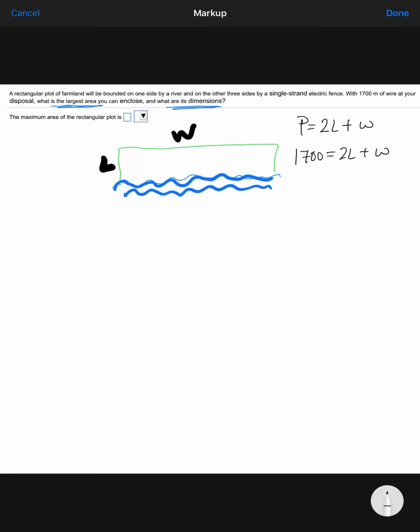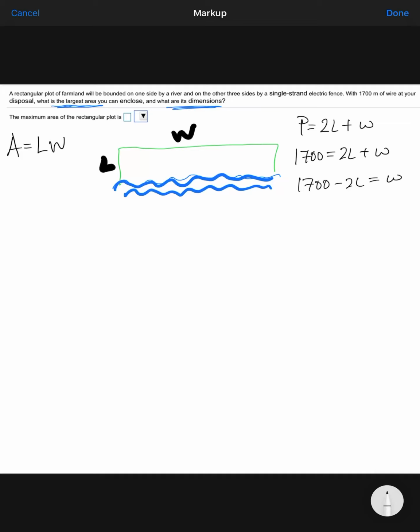It said what's the largest area? Again, we're talking about the area of a rectangle. The area of a rectangle is equal to length times width. Using the information on the right hand side of your screen, we're going to solve for one of those variables. We'll solve for width. So width is equal to 1,700 minus 2L.